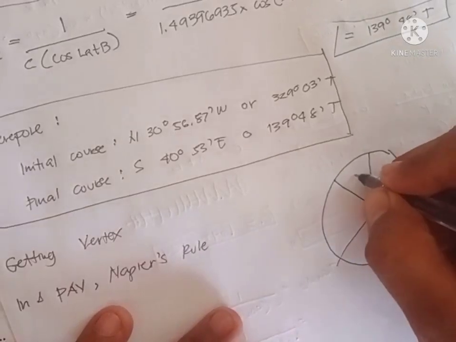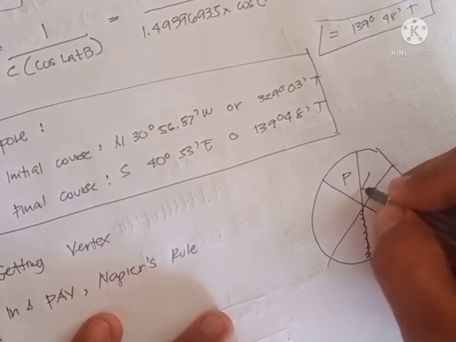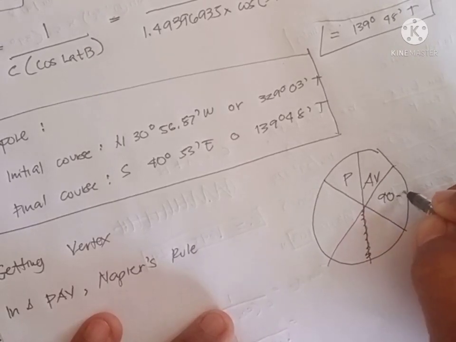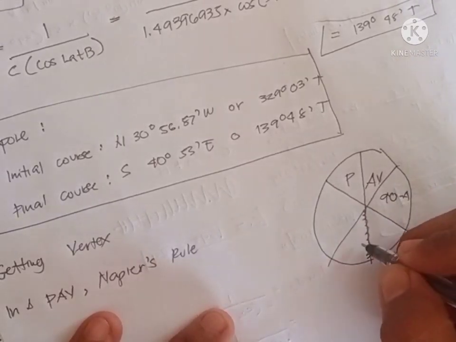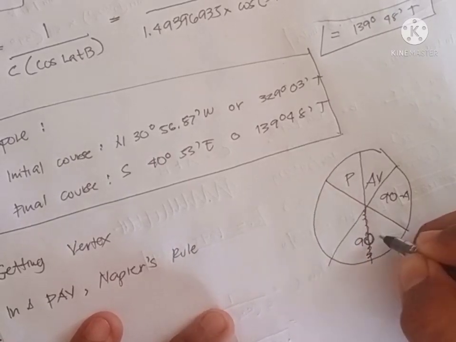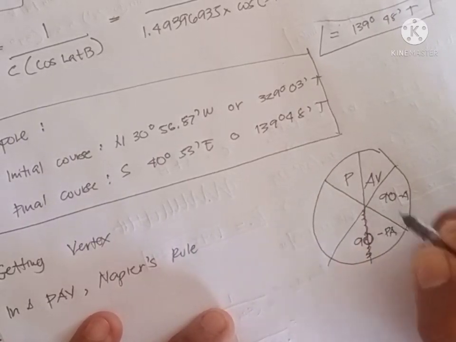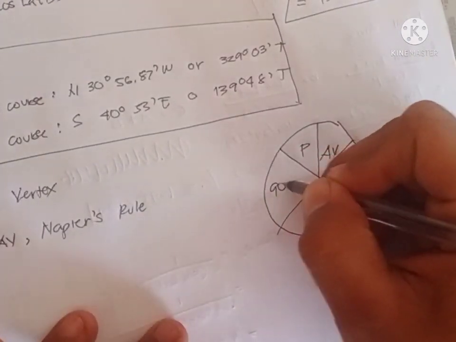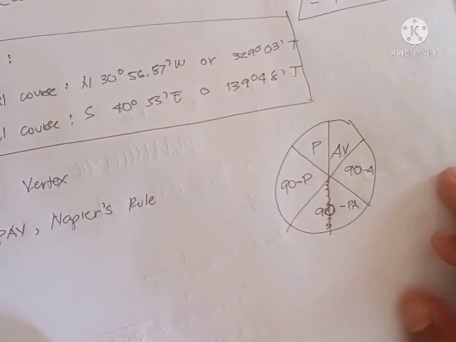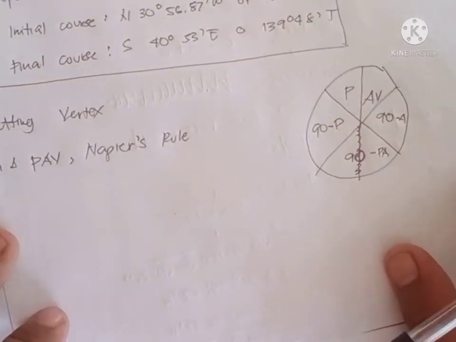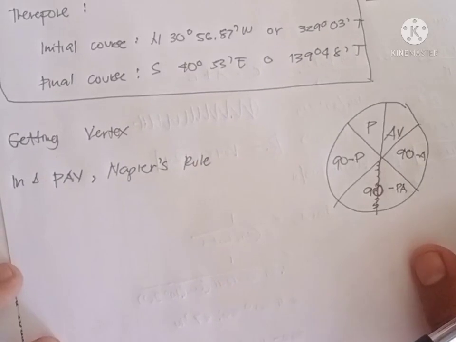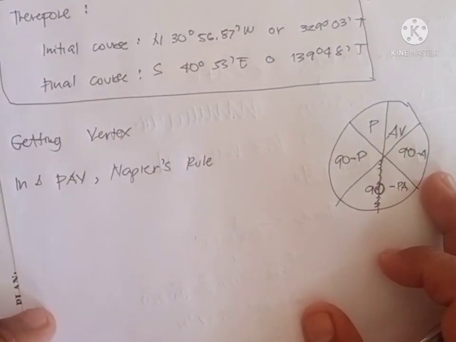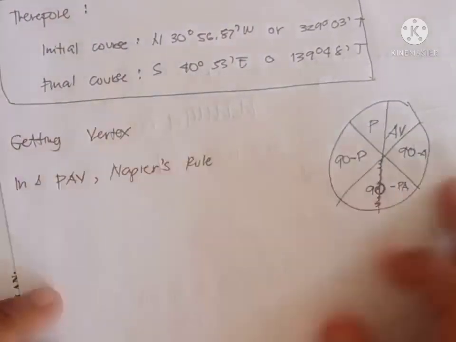So this is our P, this is our AV, this is our 90 minus A, 90 minus PA, then this 90 minus P. So after this, we're going to put the given in order to get our vertex, lat V and long V.